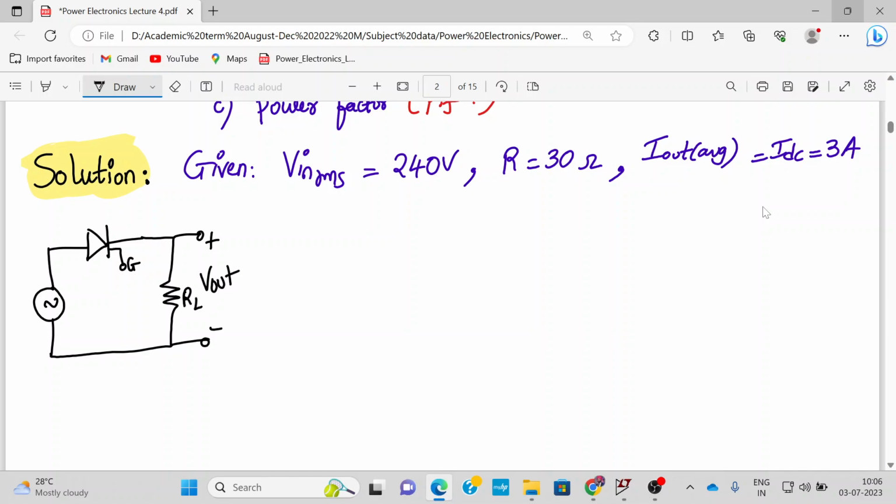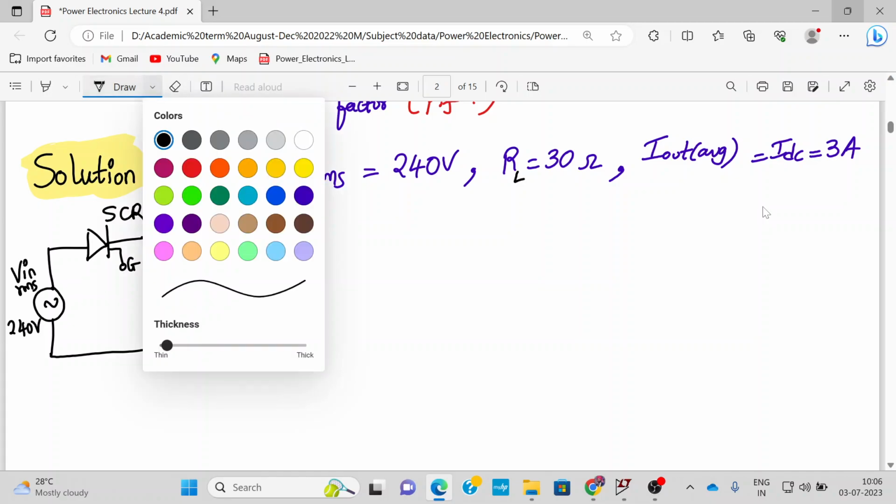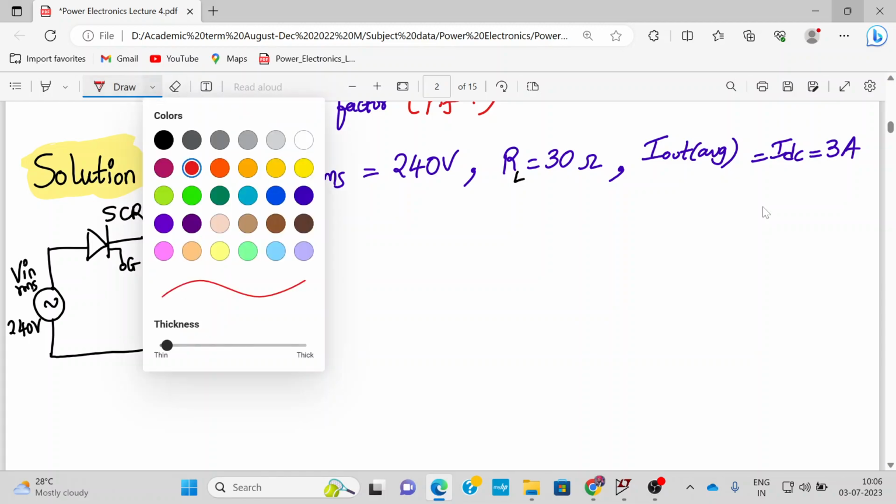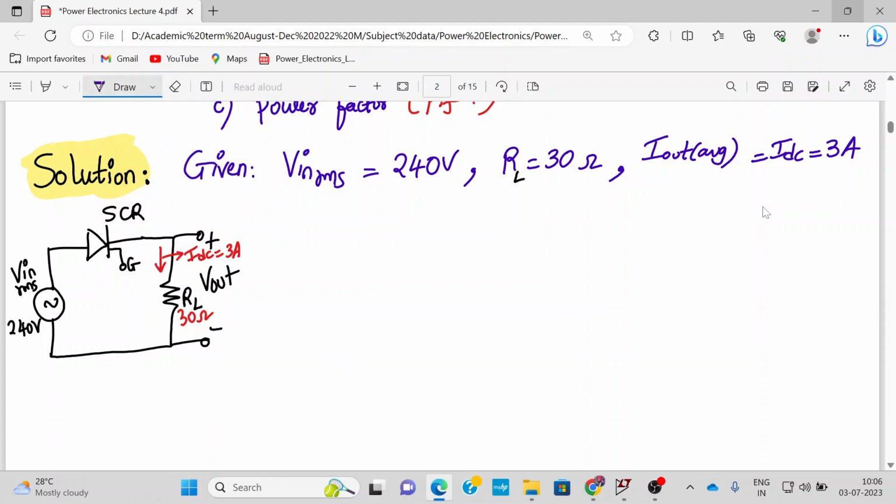This is my SCR and this is my V in value in RMS, which is around 240 volt. The current flowing, IDC, is around 3 amperes, and the value of the resistor is 30 ohm. So this is the picture given to you. Alright, so let's start solving it.